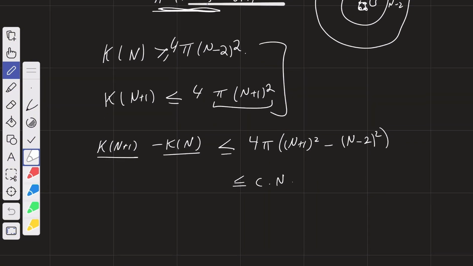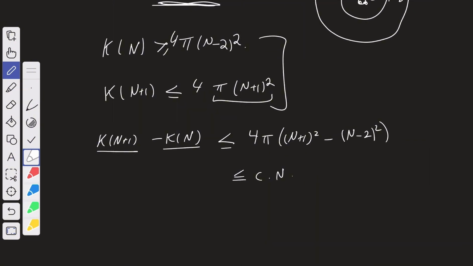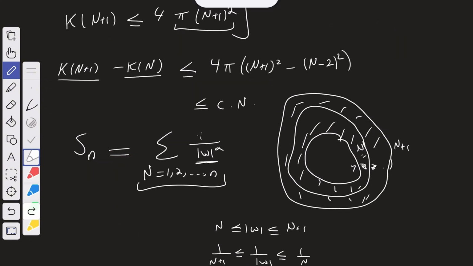Okay, so why did we do all of that? We did all of that because we want to introduce the partial sum now. That is the sum over n equals 1, 2, and so on up to N of all of those periods in each annulus. So here this partial sum is running over the annulus, like this is the place in between the two circles.